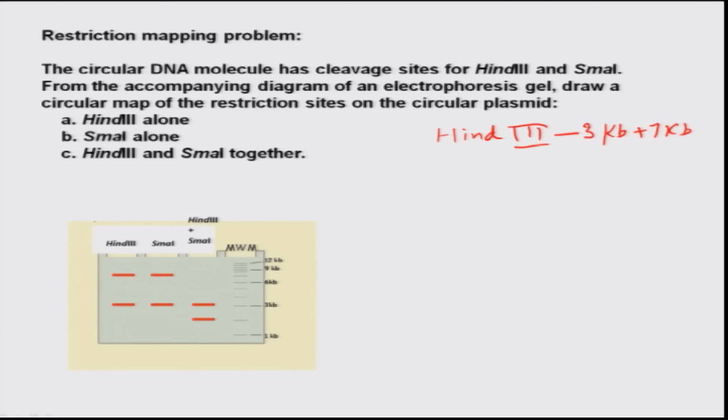Also, as you see in the second lane where a single digestion with SMA1 has been done, it also gives a 3 kb plus a 7 kb band, and a double digestion with HIN3 and SMA1 gives two bands, one of 3 kb and one of 2 kb.